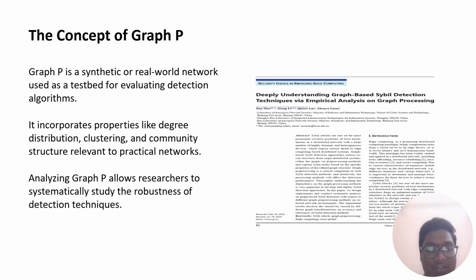It incorporates properties like degree distribution, clustering, and community structure relevant to practical networks. Analyzing graph P allows researchers to systematically study the robustness of detection techniques.